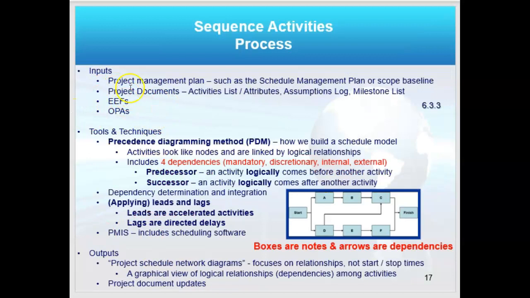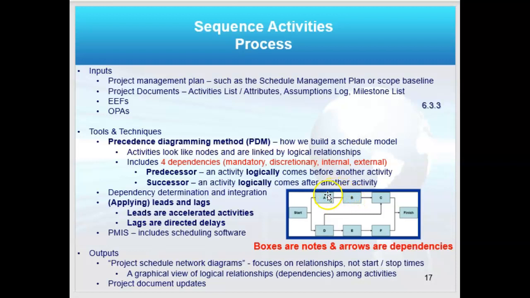After, part of sequence activities, of course, has its inputs, tools, and techniques, and outputs. It's typical inputs here, but your tools include 4 dependencies, and these need to be memorized. I've got a chart on this coming up. They are mandatory, discretionary, internal, or external dependencies. And notice they have a predecessor and a successor. Each one.